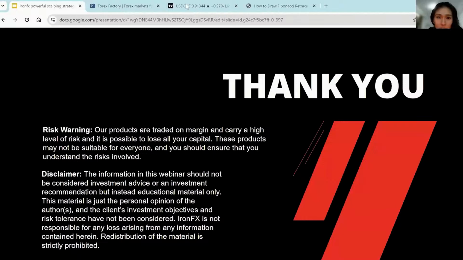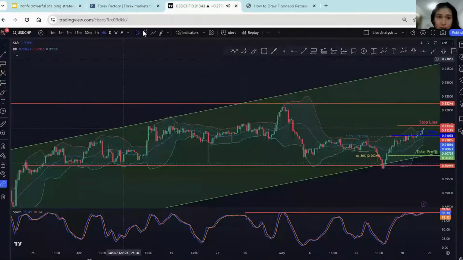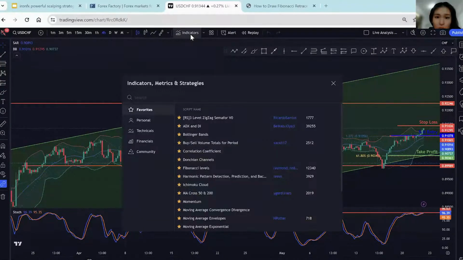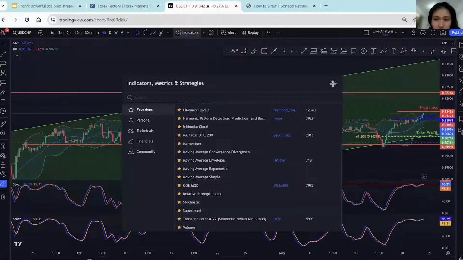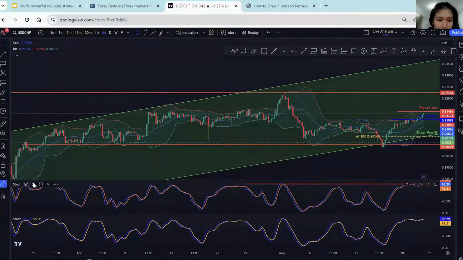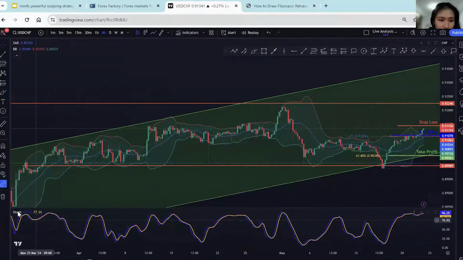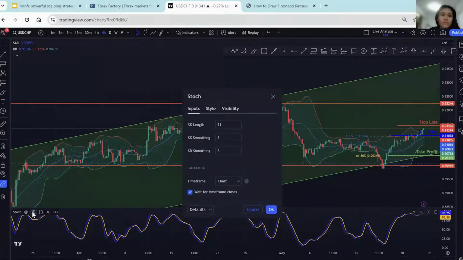Let me pull out my TradingView to answer the question we had on the parameters for stochastic. It really depends on the time frame you are using.